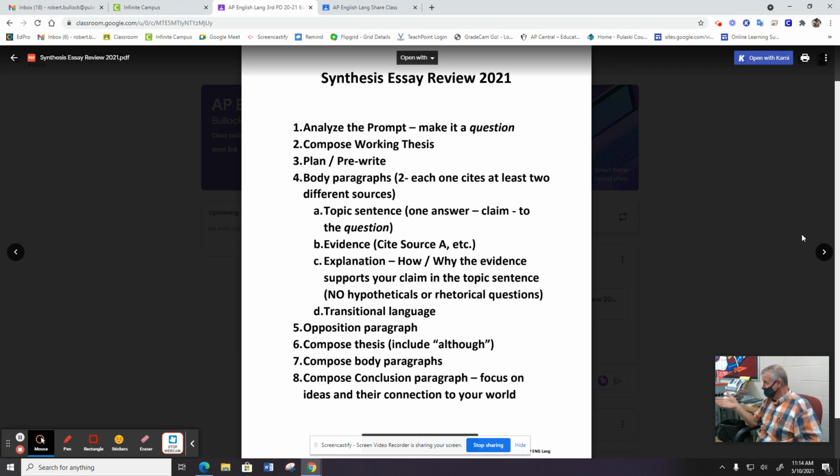Because your essay has to be idea-driven, not source-driven. Too many students simply go through and tell what the sources say. That's not an argument. Okay? Now, you've heard me say this a million times, I'm sure.